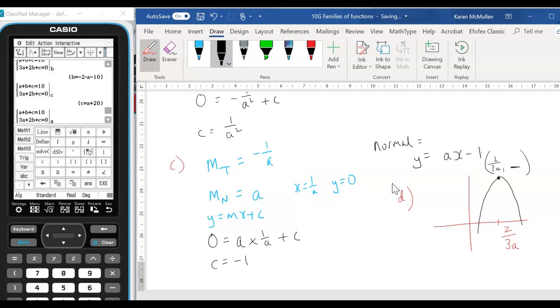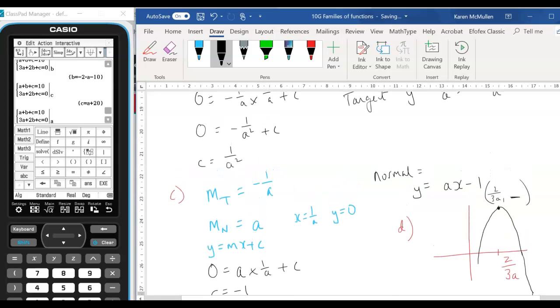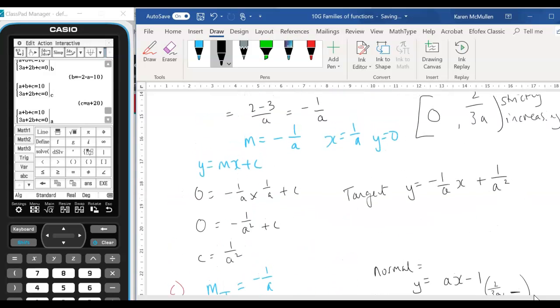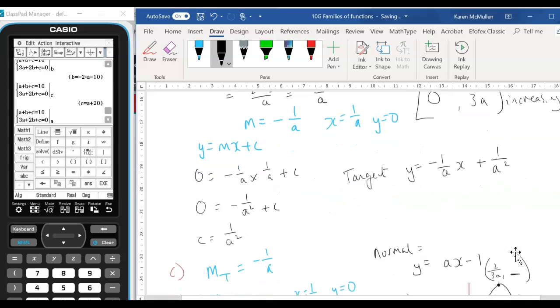So this value here is going to keep going, basically. All right, so our range, let me just do it over here. We're going to start at -infinity, because we know that it's strictly decreasing from 2 over 3a to infinity.